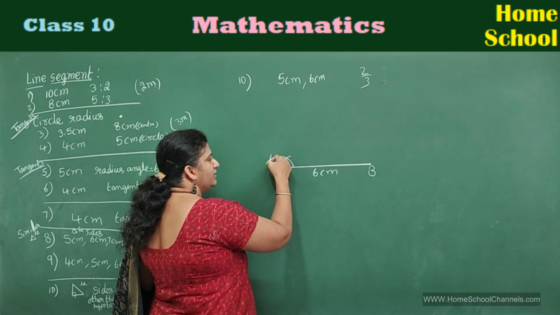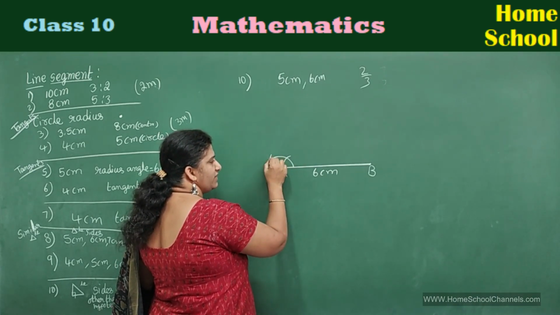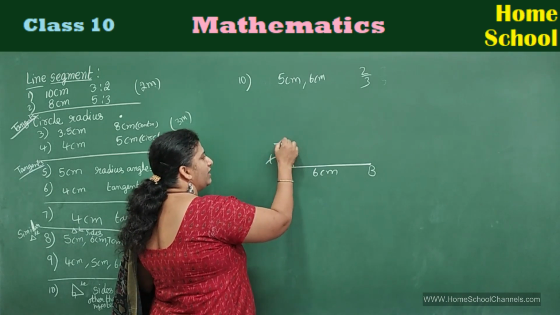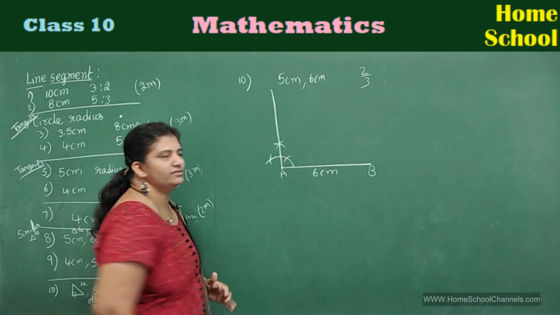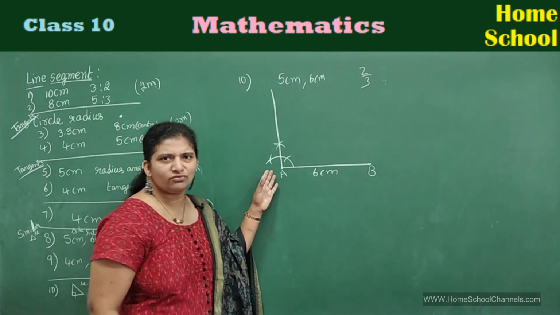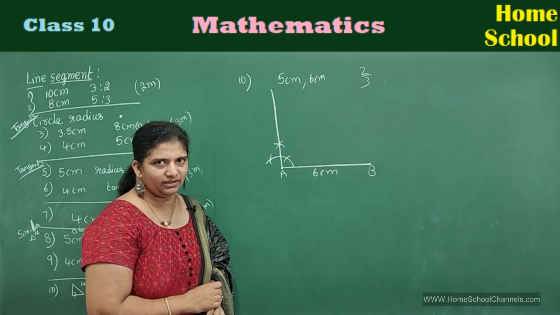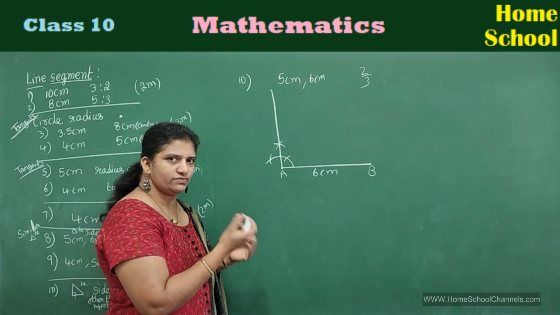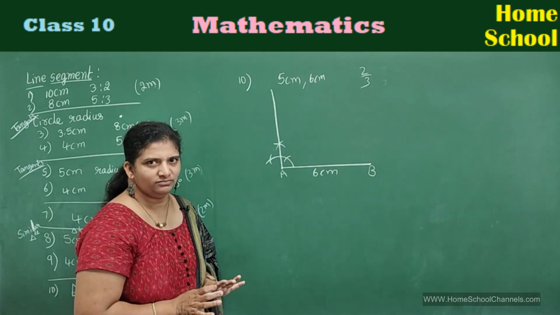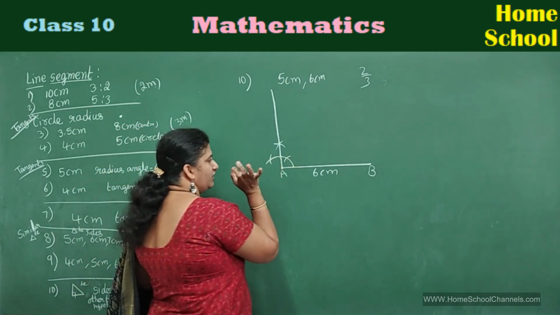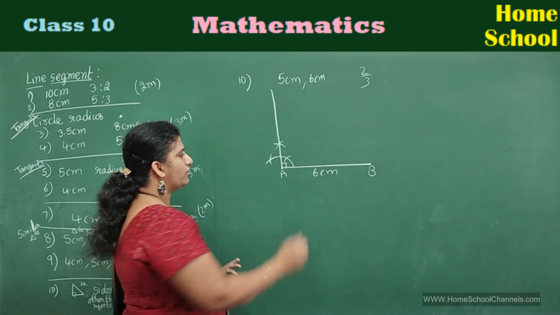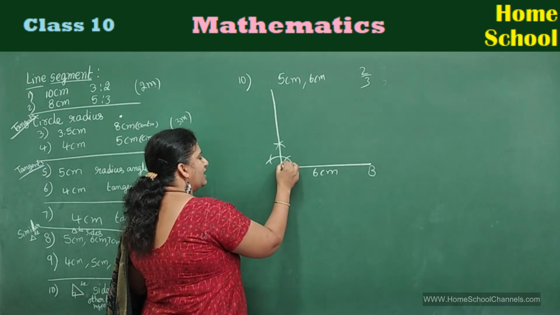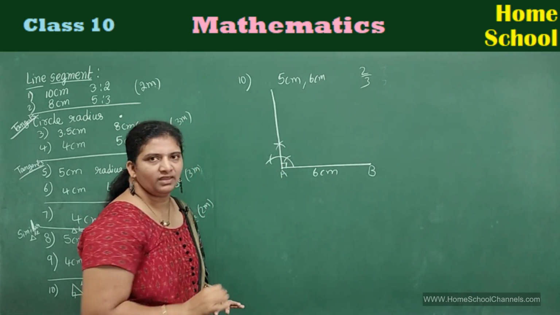Arc. This will be 60, this will be 120. And in between these two arcs, you can get a right angle. I think everybody knows how to do a 90 degree angle. If you don't know, you can use a protractor also, no problem. Do a perpendicular and put this symbol, and say this is the right angle.